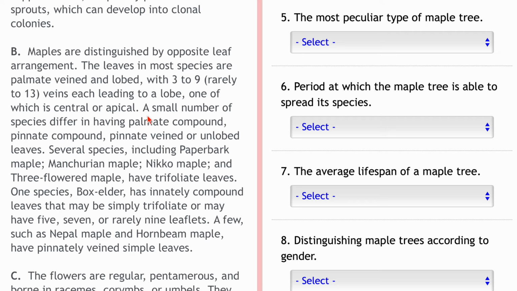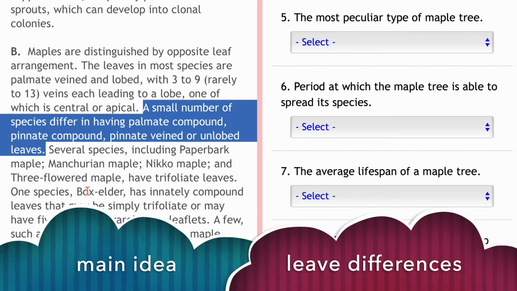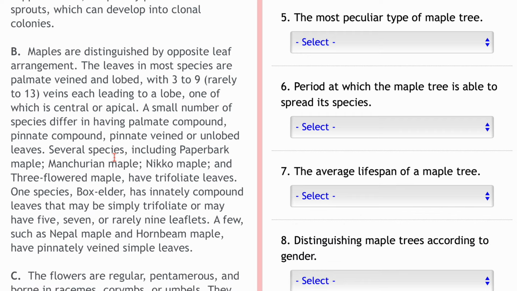A small number of species differ in having palmate compound, pinnate veined, or unlobed leaves. So it's talking about the leaf differences. Several species, including paperbark maple, Manchurian maple, nikko maple, and three-flowered maple, have trifoliate leaves. Okay, so probably three-part leaves.